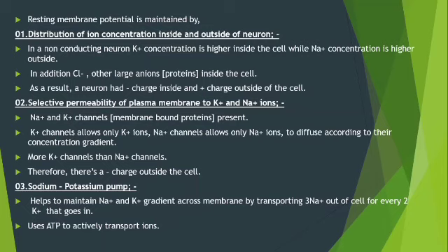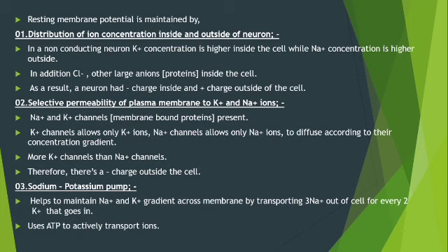The resting membrane potential is maintained by three major factors. They are the distribution of ion concentration inside and outside of the neuron, the selective permeability of the plasma membrane to potassium and sodium ions, and also the sodium-potassium pump.